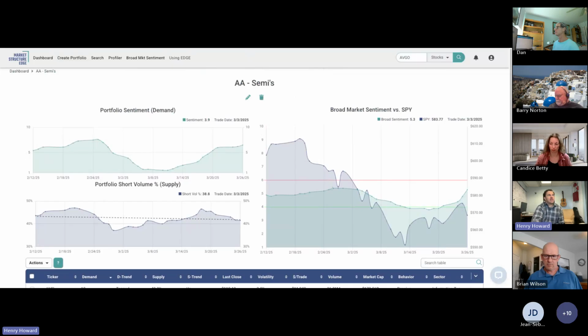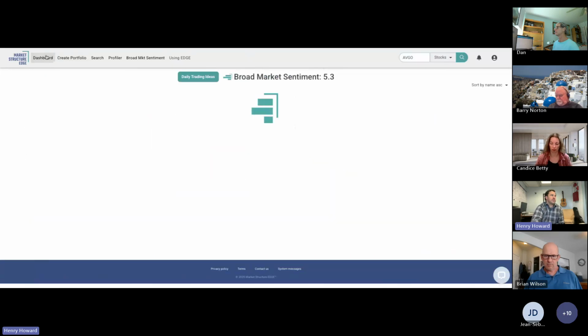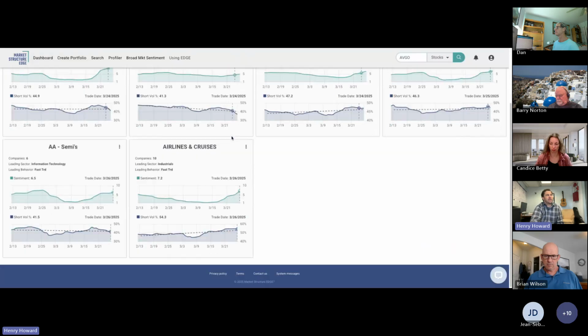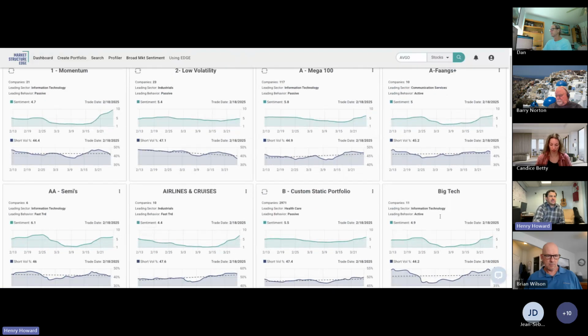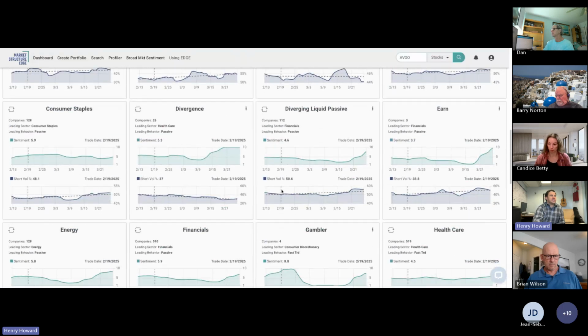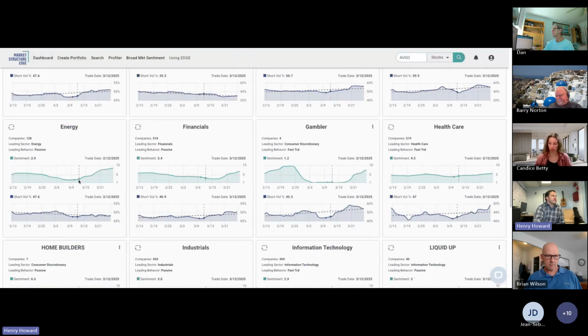But then the other one that I wanted to look at, and probably a better point, is VST, which is an energy play. What you'll find a lot of the time is an excellent entry on energy is at the beginning of the month. Let's go look at the heat map and pull over here to energy. Well, it's had a great 3 weeks, and a great month.